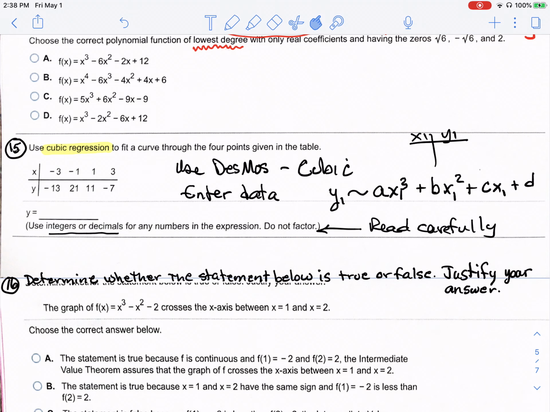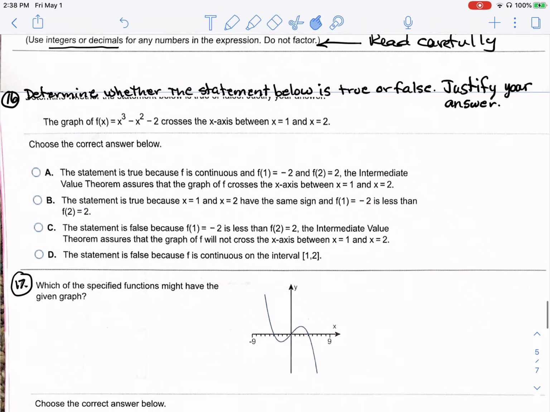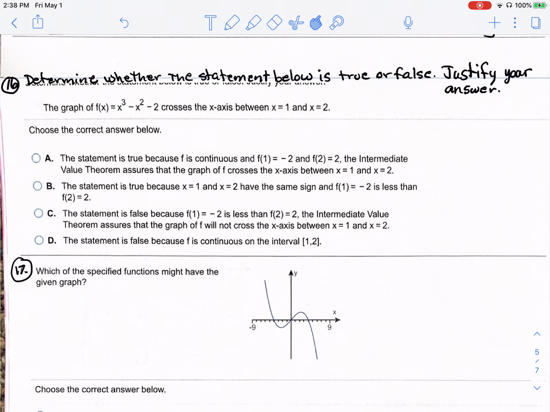All right, number 16. Determine whether the statement below is true or false. Justify your answer. Justify is getting to be a bigger and bigger word for us. So justify is your reason. In the words down here, you're going to read the words carefully.